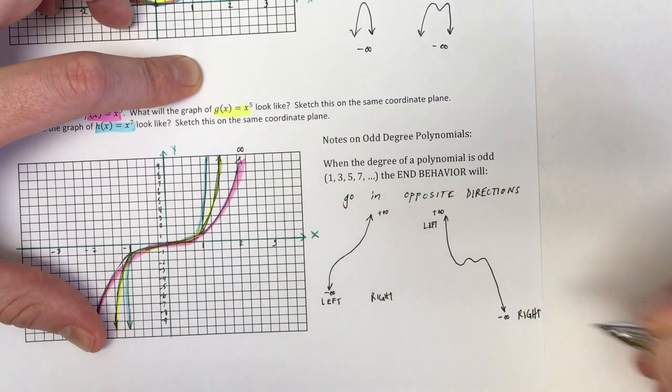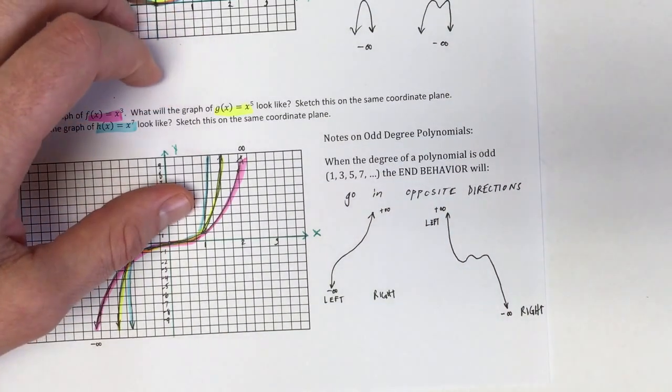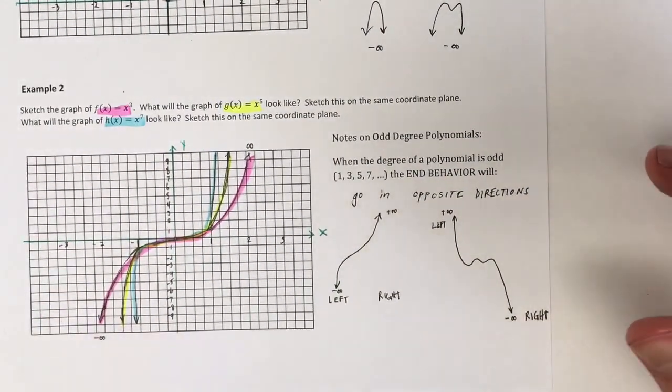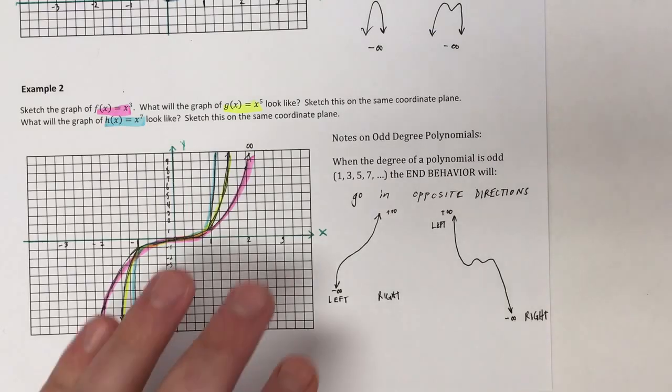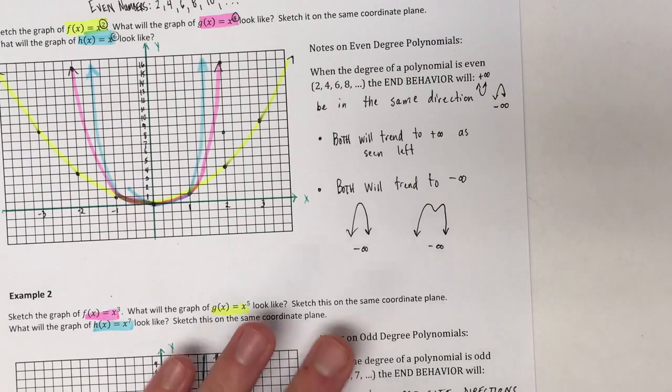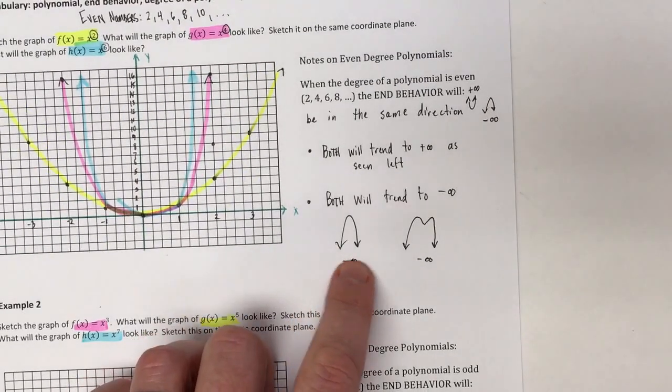And so hopefully you can see how these are opposites. And this is the general understanding that when we have an odd degree polynomial, you'll have opposite results at the end behavior, and when you have an even degree function, you'll end up traveling in the same direction.